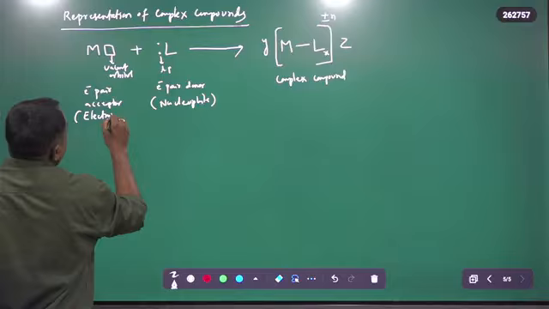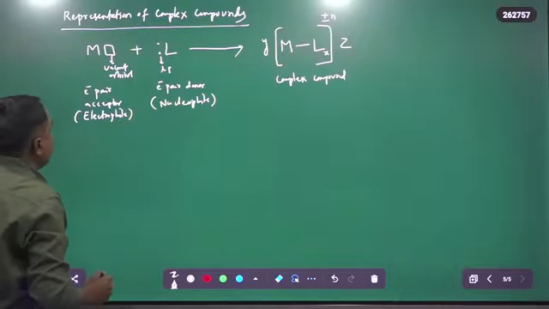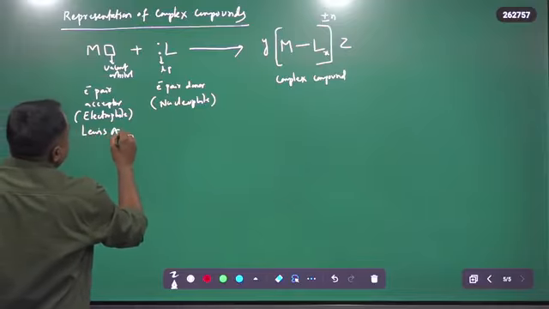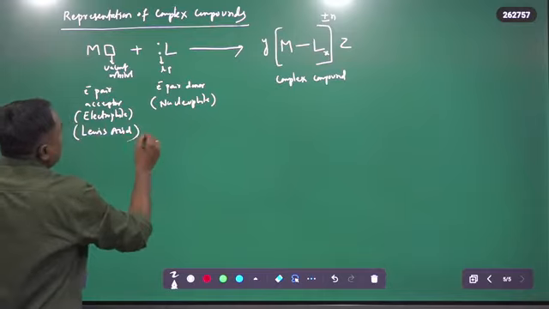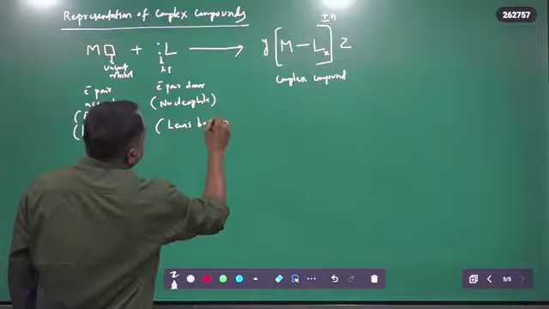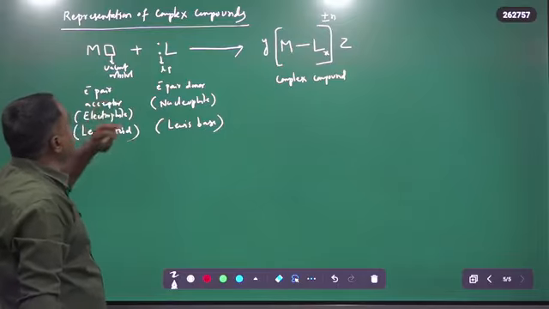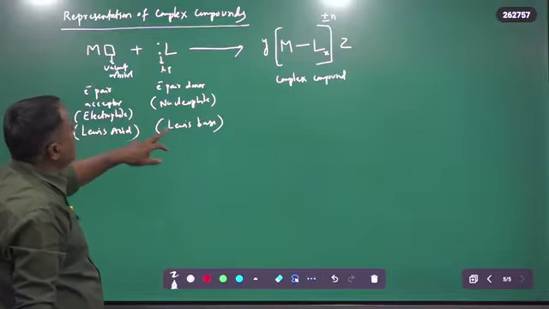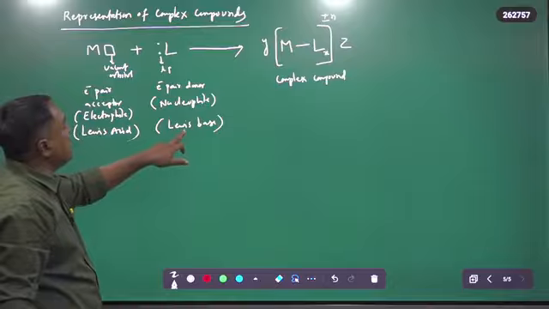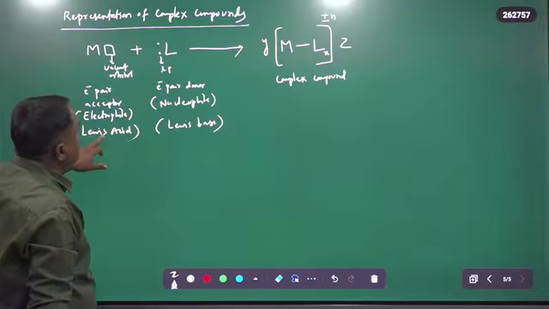All electrophiles are Lewis acids, and electron pair acceptors are Lewis acids. So the metal acts as a Lewis acid. The ligand is the Lewis base: it donates electron density into the vacant orbitals of the central atom, so it is an electron pair donor. All electron pair donors are Lewis bases, and the metal, which accepts electrons, is the Lewis acid.